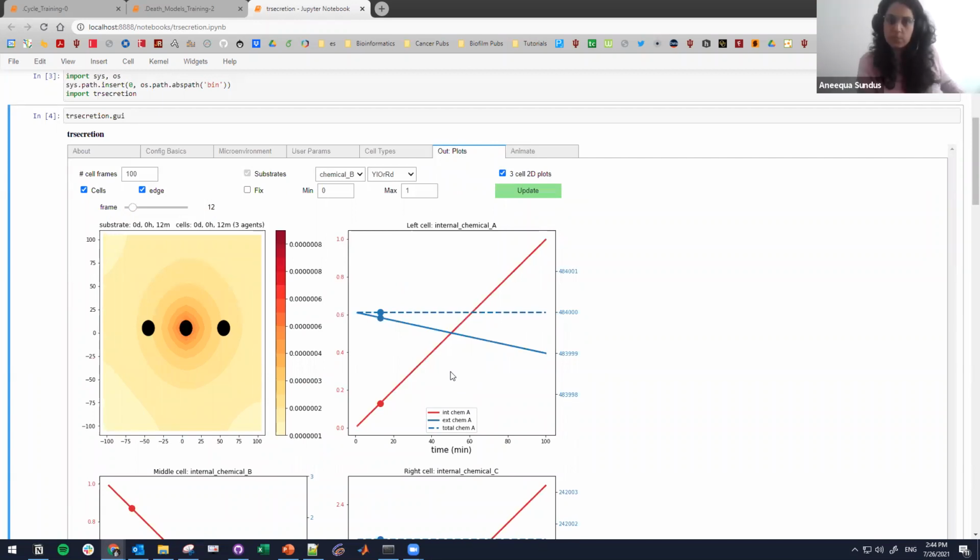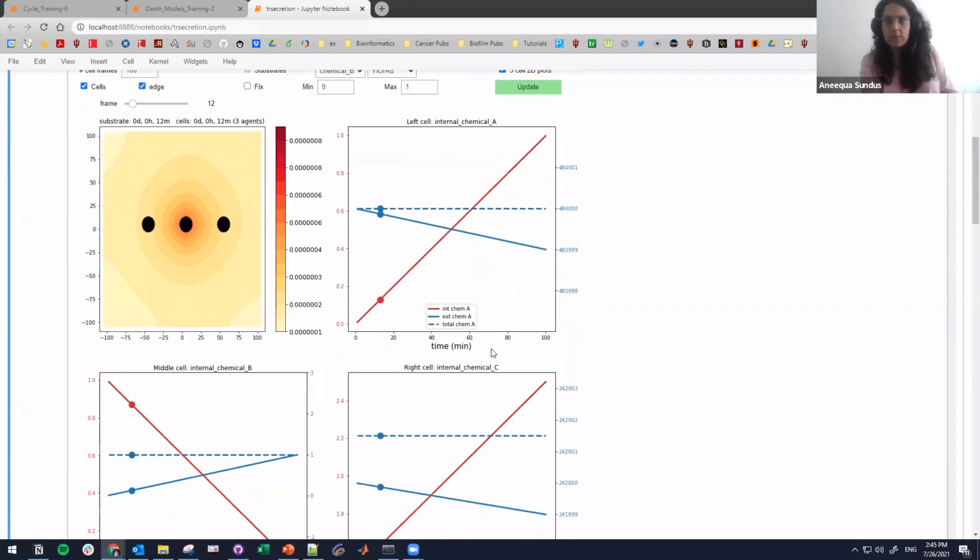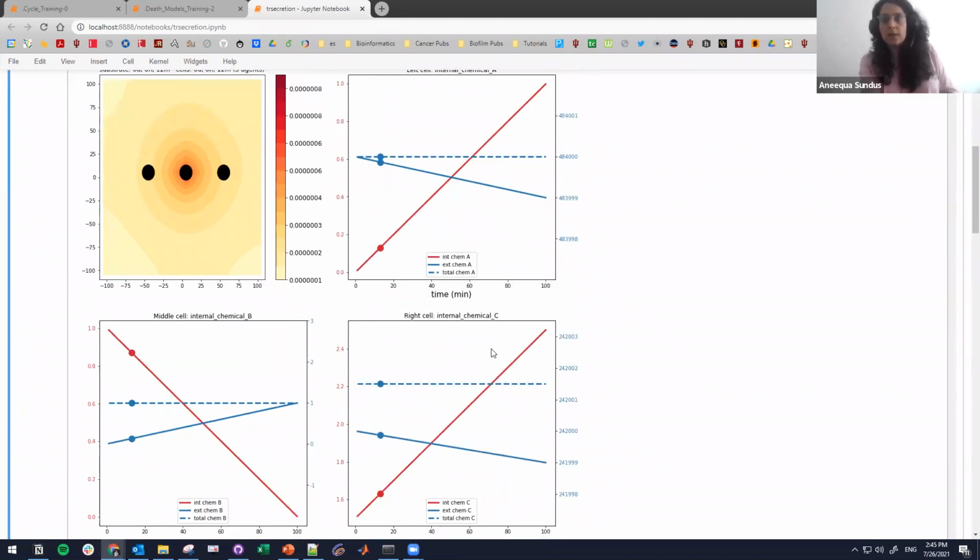Another question. Is the export molecule in this simulation the same as what is being secreted? Yes. So chemical A, chemical B, and chemical C are the three molecules. Not in this simulation, but overall in the app. So there are three different chemicals depending on the parameter values.